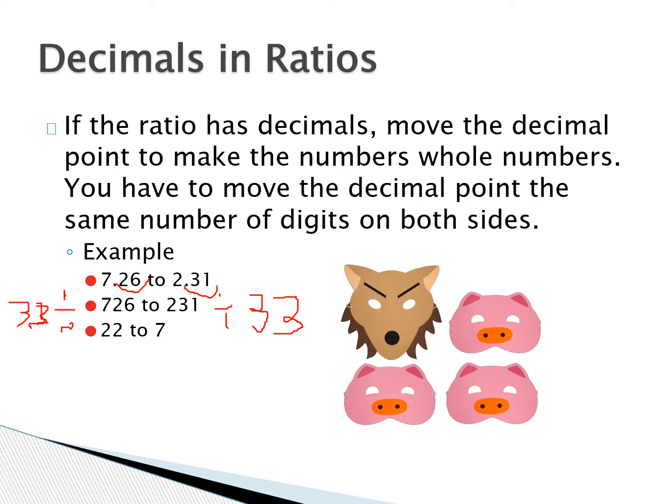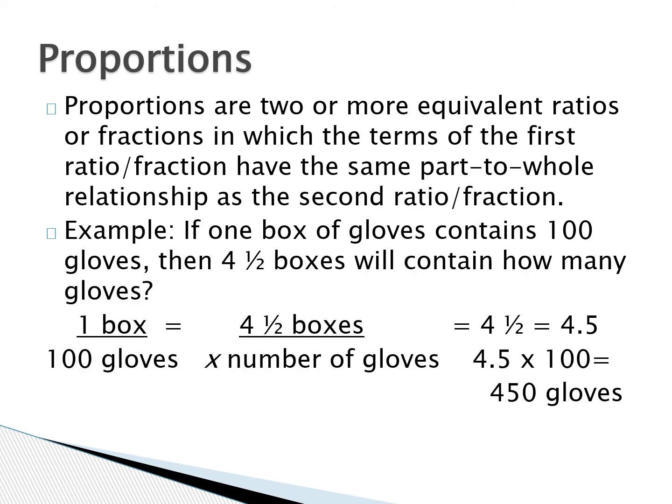All right, moving on to equivalent proportions. This is where we use that kind of solving for x, and that's why we talked a little bit about the pre-algebra part first. Proportions are two or more equivalent ratios or fractions in which the terms of the first ratio or fraction have the same part-to-whole relationship as the second.